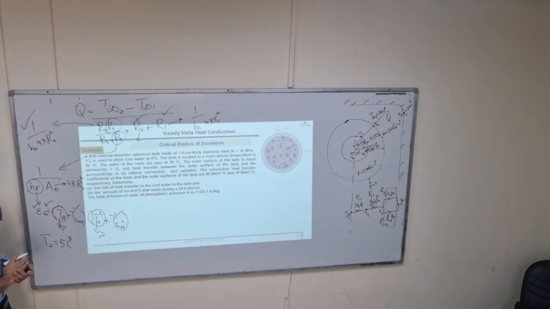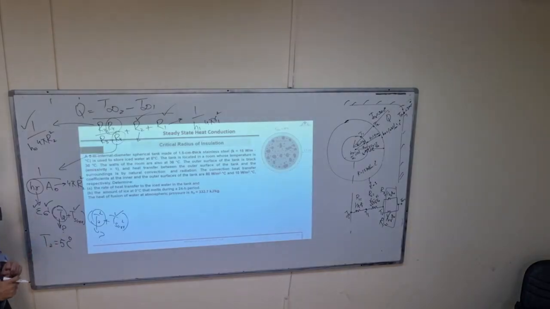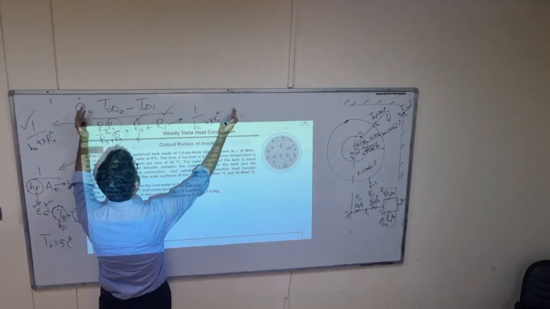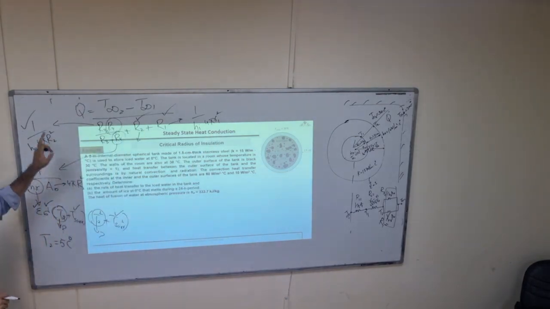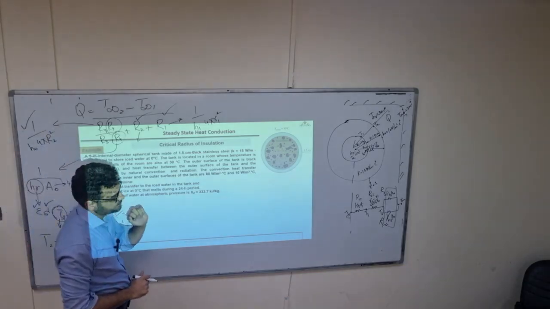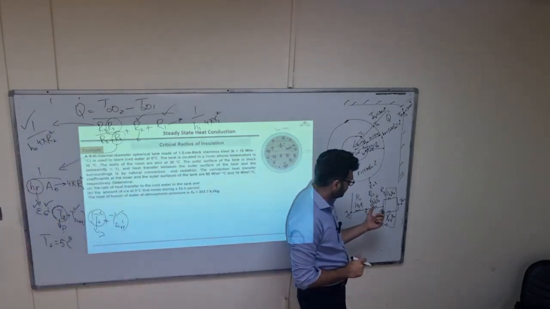Now how to check whether this assumption was correct. This Q dot we have calculated from the overall T infinity 2 to T infinity 1. I can use the same Q dot for this part only.